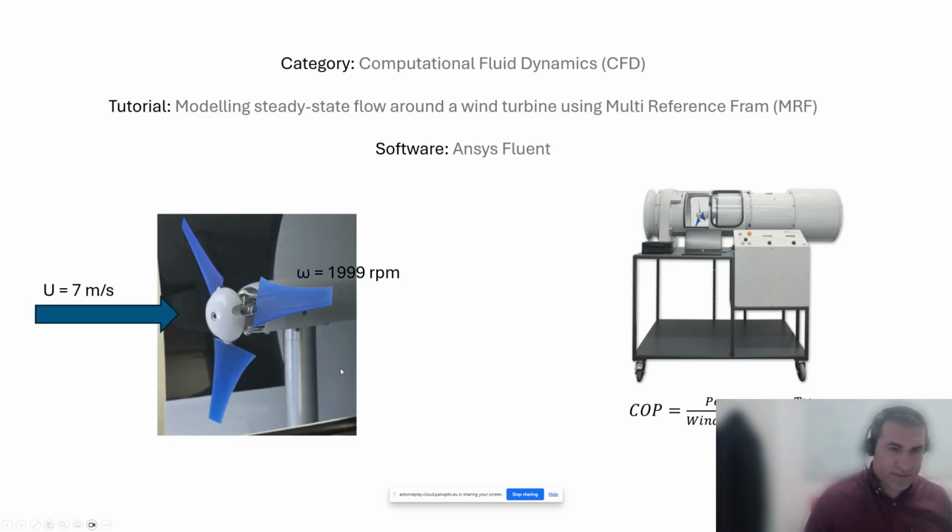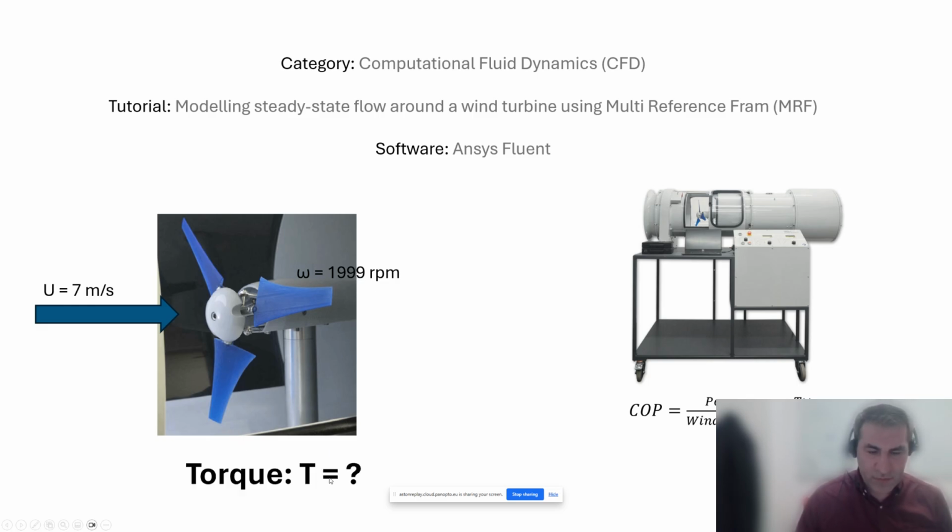To model that, we can take a look at here. For this problem, we have a wind speed of 7 meters per second, and the rotational speed is going to be around 2000 RPM, 1999 RPM. And we are going to calculate the torque as a result of wind passing through this wind turbine.